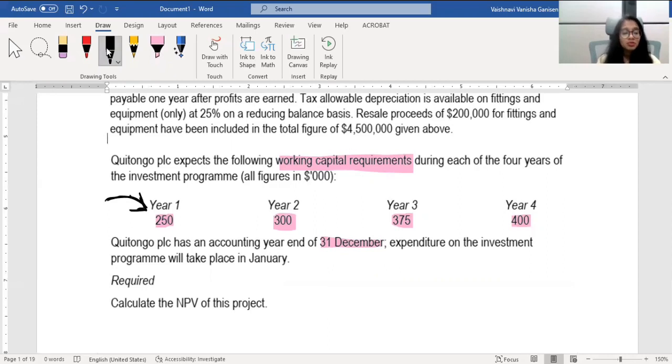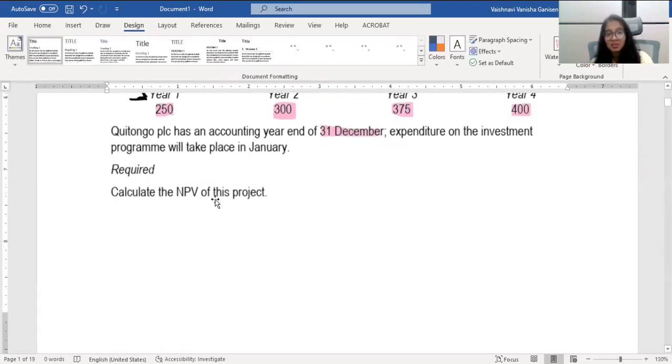If you want to use the working capital in year 1, you need to invest it at the beginning of year 1. But for the purpose of presentation in our NPV, we don't have a presentation for beginning of year 1. However, we have the presentation for end of the year. Hence, beginning of year 1 equals to end of year 0.